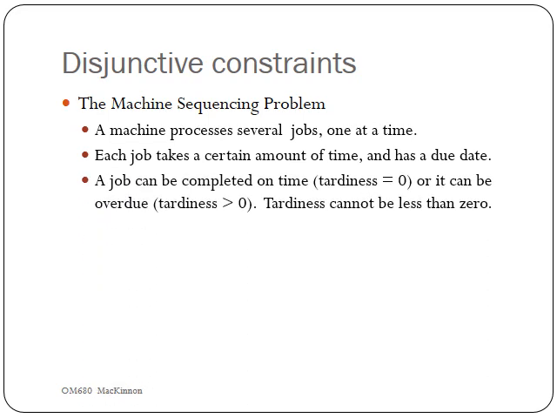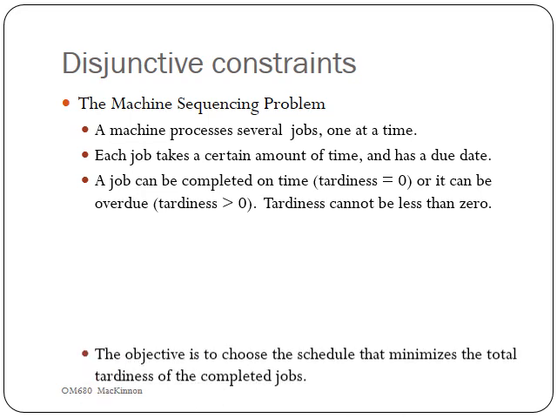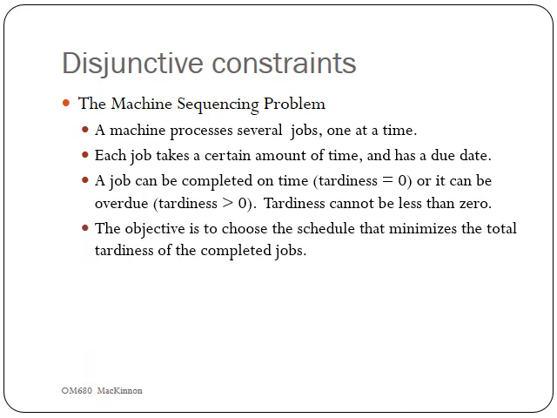The job can be completed on time, which gives us a tardiness of 0, or it can be overdue, which the tardiness then is greater than 0. Tardiness cannot be less than 0. So if you finish a job an hour early, that doesn't give you a tardiness of minus something. Tardiness is only 0 or greater. The objective is to choose the schedule that minimizes the total tardiness of the completed jobs.